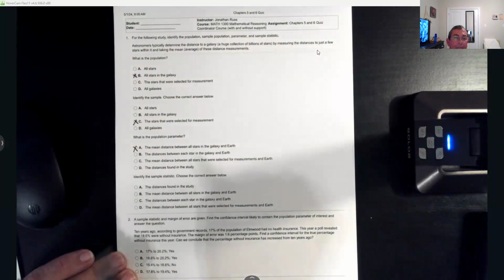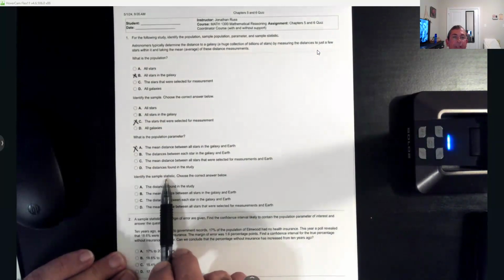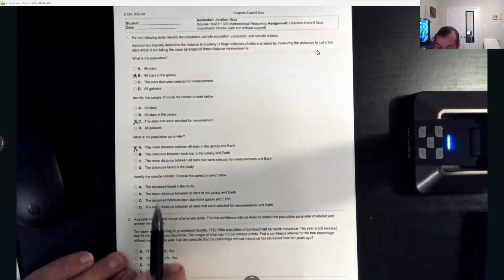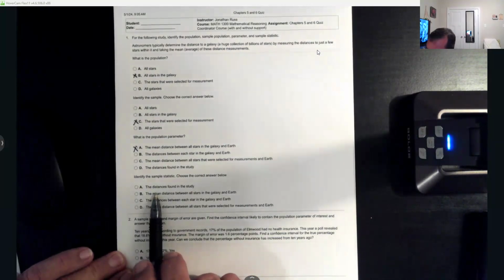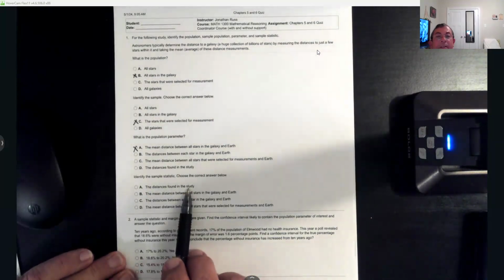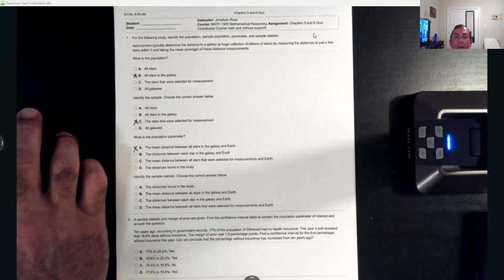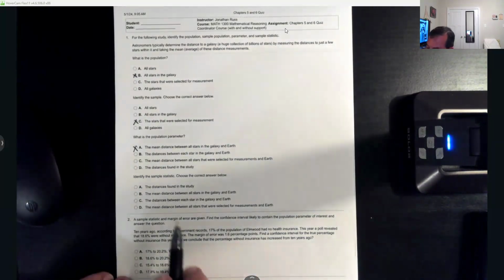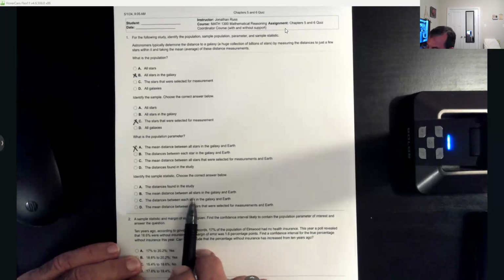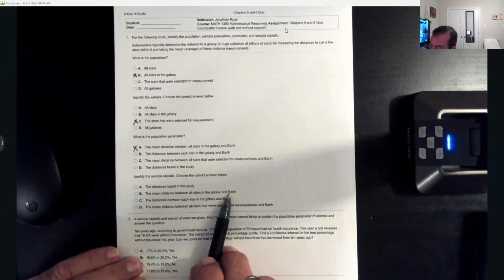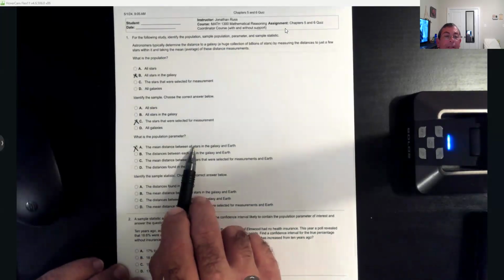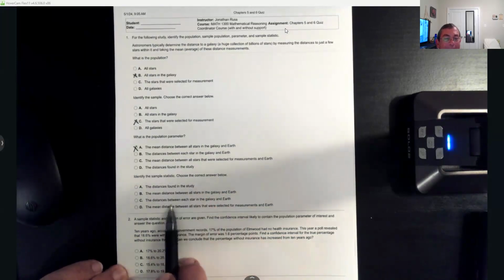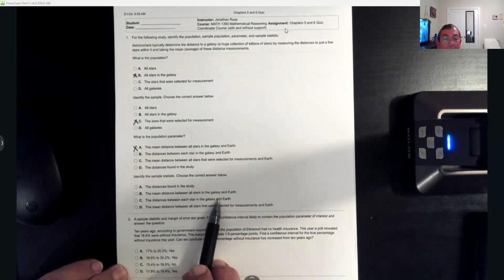So here's the thing, the sample statistic. And let's see, the distances found in the study. The mean distance between all stars in the galaxy and Earth. Well, y'all, we said that was the population parameter, so it can't be B. The distances between each star in the galaxy and Earth.